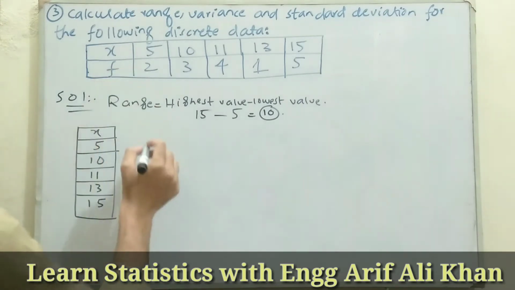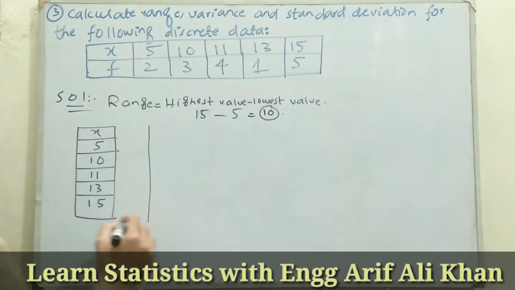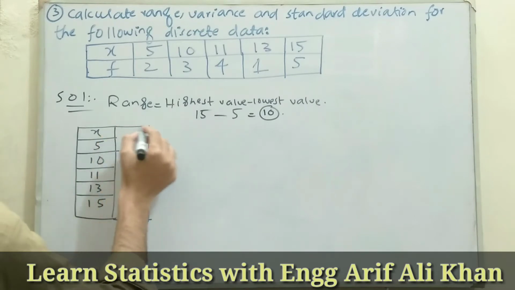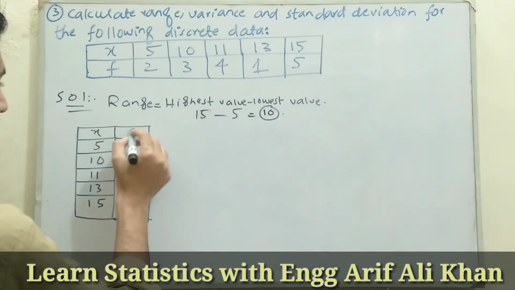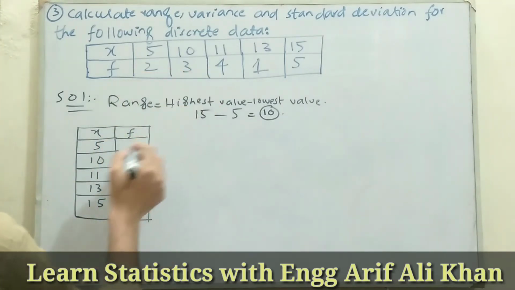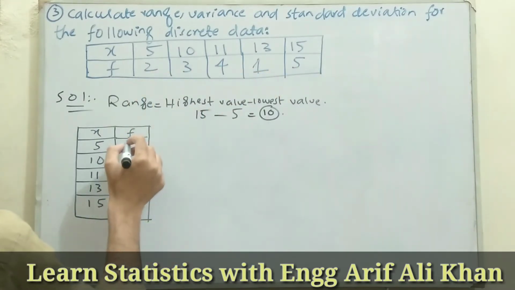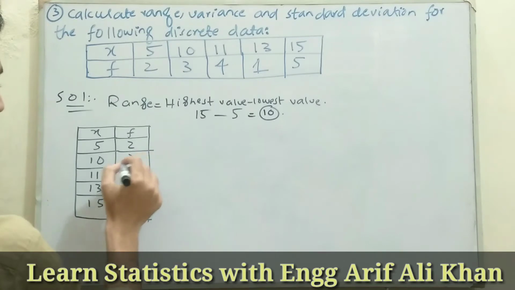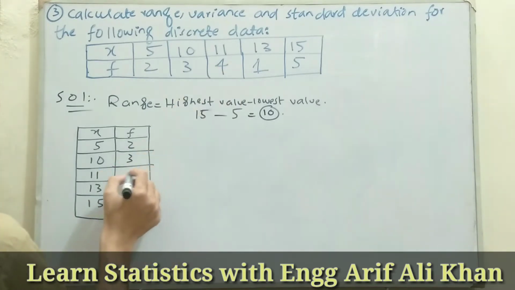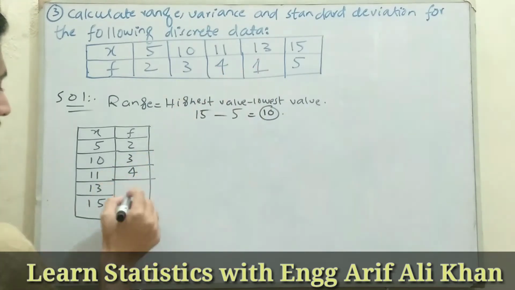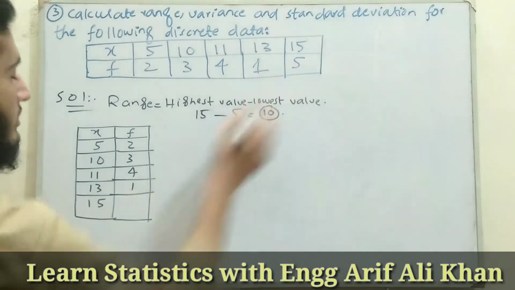Now after this we have the frequency. So writing frequency over here in this given table, let's suppose this is frequency f. After this we have 2, 3, 4, 1 and 5. These are the frequencies. So first is 2, second is 3, the third one is 4, the fourth one is 1 and the fifth one is 5.